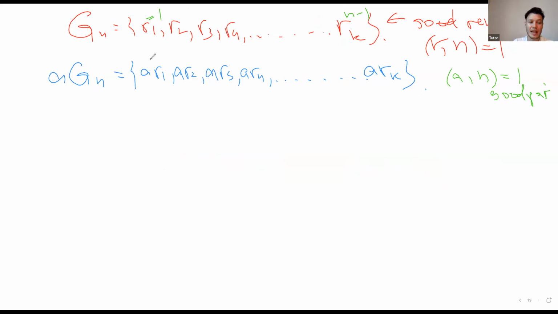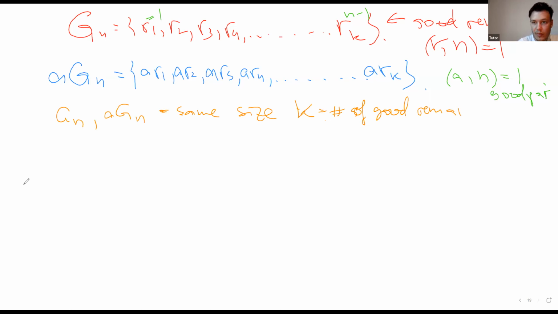Well, first of all, notice they have the same size. So I can write this down here: A·G_N and G_N have the same size, k, which is equal to the number of good remainders mod n. Both of them have the same size, and G_N contains all the good remainders.